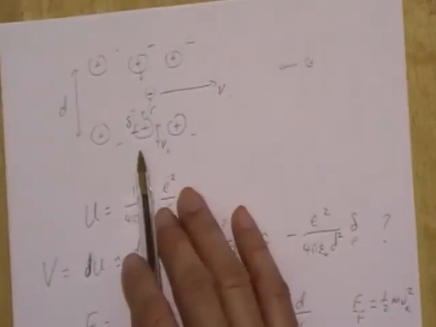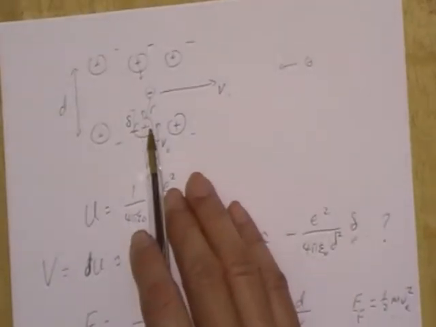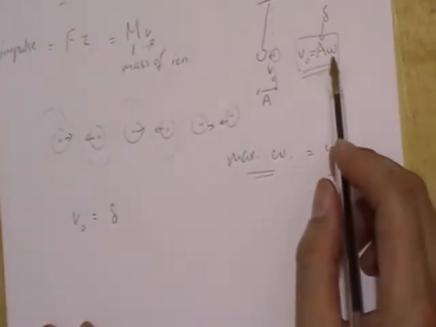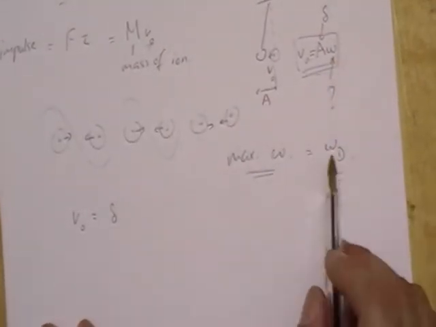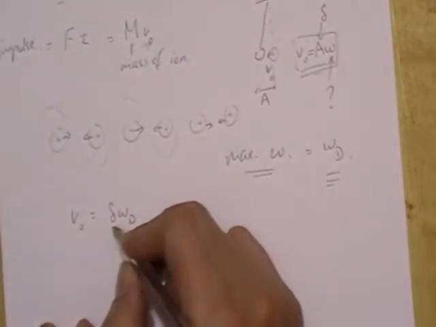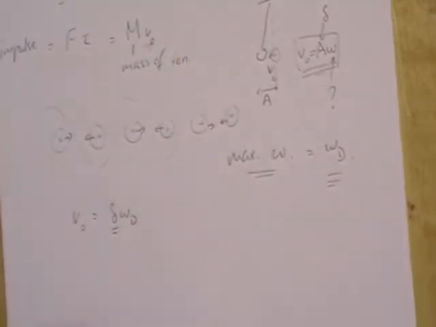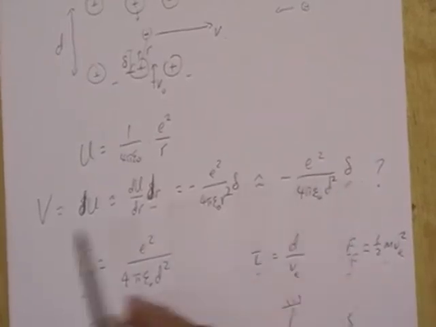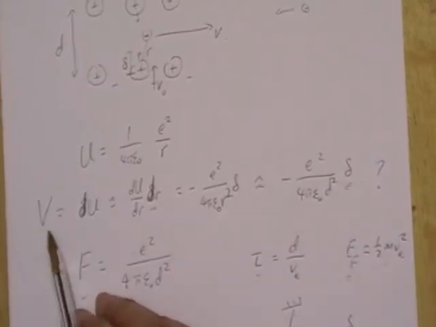And then the angular frequency that we need is just the Debye frequency. So finally, we have all the equations we need to calculate delta. And from delta, we can therefore calculate the attractive potential.